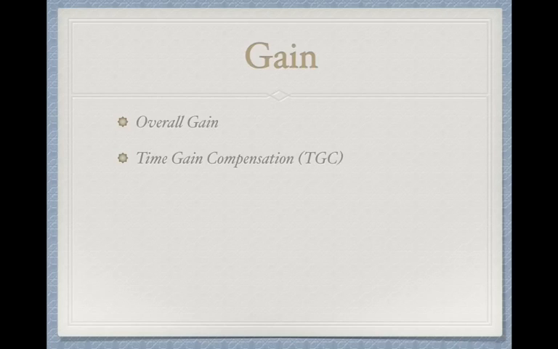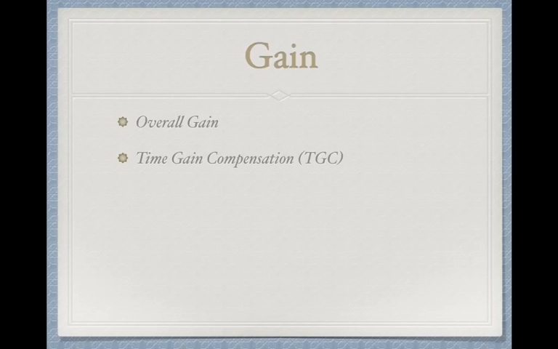So this brings us to talking about gain. Gain is the sensitivity of the machine to receiving echoes. There's a lot of background scatter and a lot of information that comes back to the machine, and with all of our sophisticated technology, those machines then filter out some of the echoes that seem to be more artifact than real reflectors.